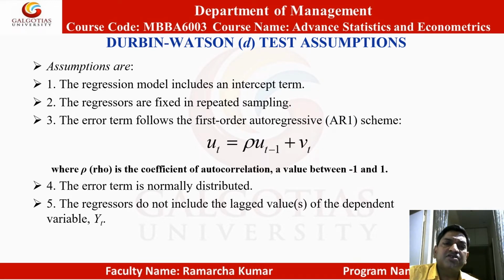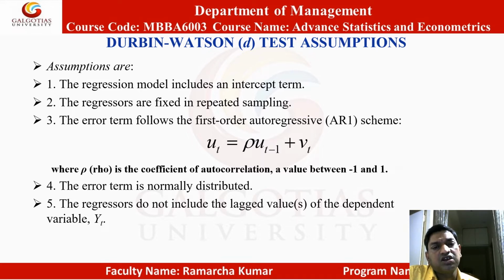Durbin-Watson test assumptions. First, the regression model includes an intercept. The regressors are fixed in repeated sampling. The error term follows the first order autoregressive AR1 scheme. Here autoregressive means regressing the same variable on its previous value.